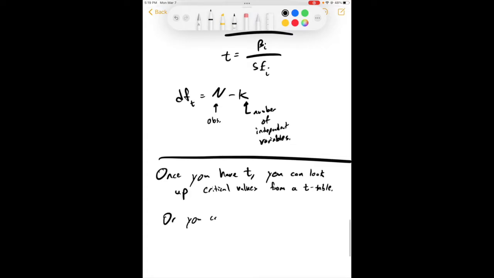Or you can calculate the probability, I'm going to call this the probability of y given h naught. This is the probability of our sample, of something as extreme as our sample, if h naught is true.